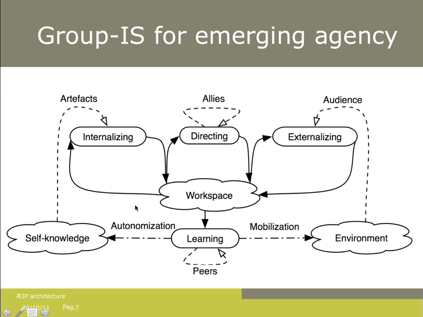So it starts with a very weakly defined ecosystem where nothing is really autonomous. But what happens is when those artifacts, peers, and allies all get connected, they become more autonomous, and they become a real agent. And that's like the self again, the self knowledge again.